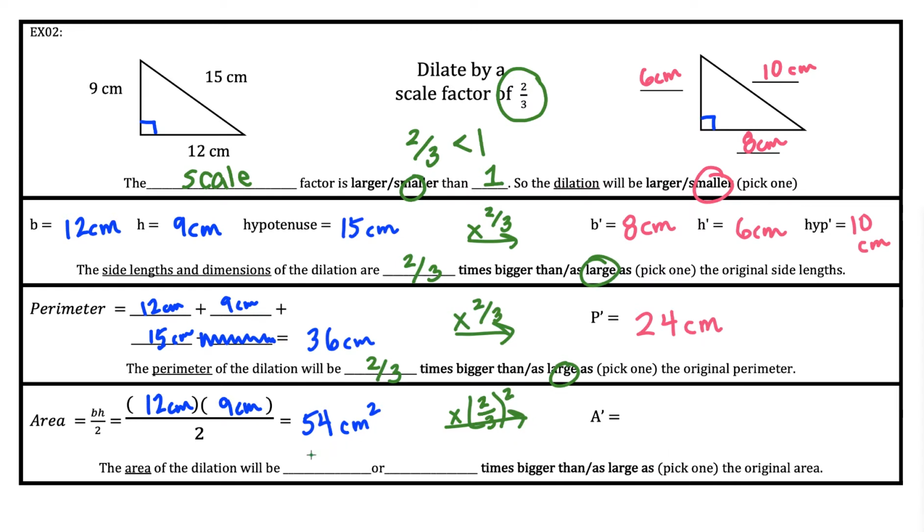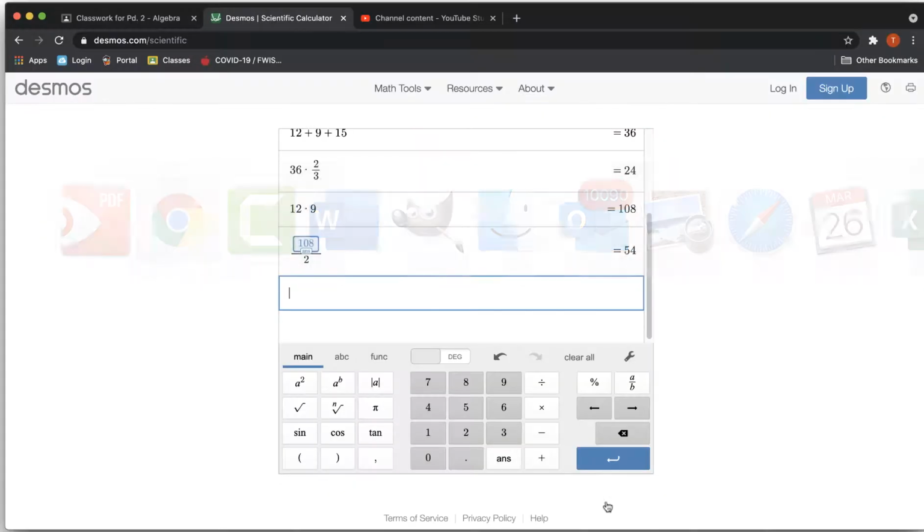Looks a little weird, right? So the area of the dilation is going to be 2/3 to the second power.